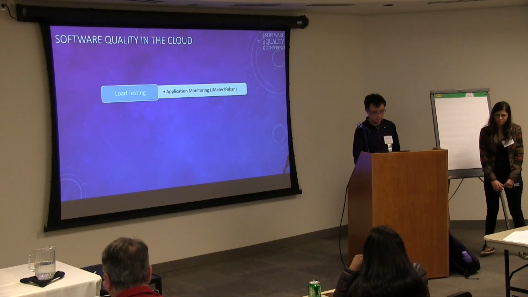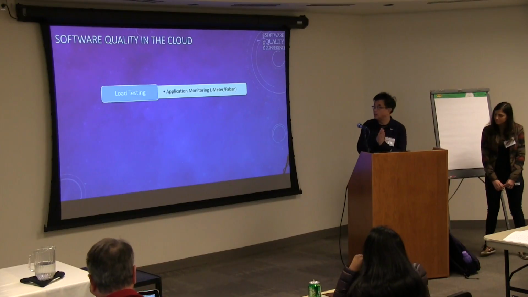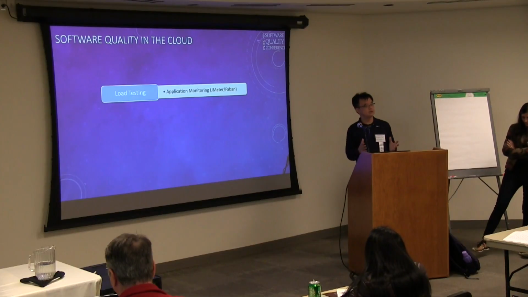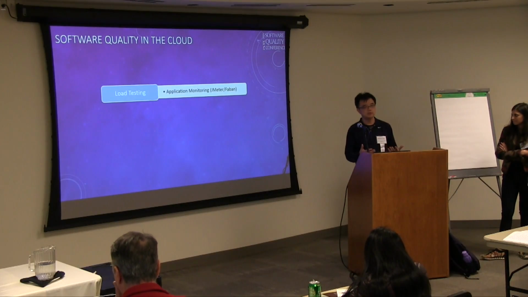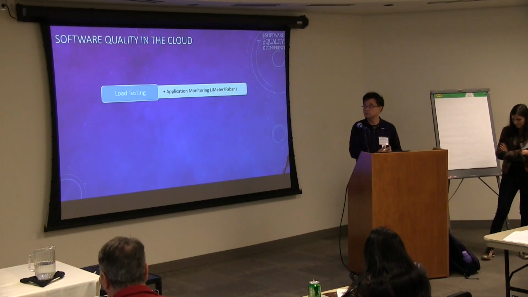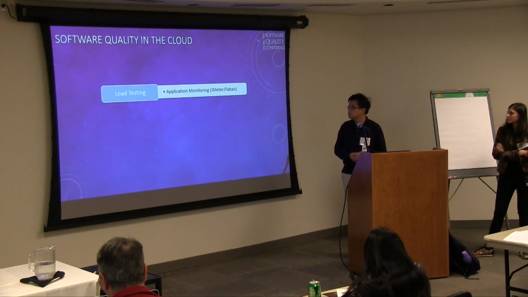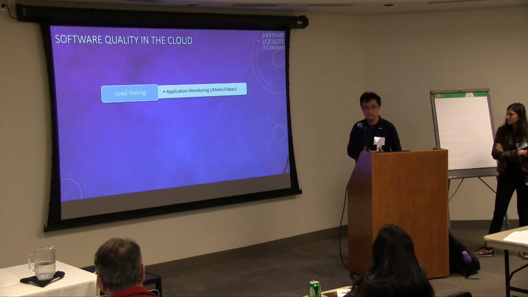That is what brings us to software quality in the cloud. Like I mentioned earlier, we have some application running in the cloud. We can pick up some load testing tools to see what capacity it can sustain in the environment. Some free and available tools are JMeter and Pavin.